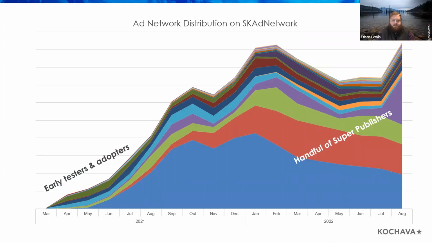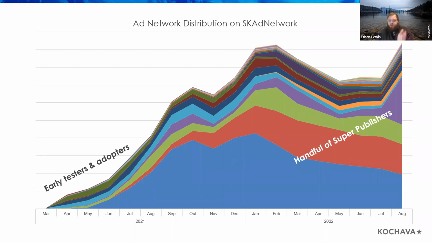So again, just looking at this graph, some really interesting observations that we can see, and we can have this data help drive and inform what to expect as new versions of SKAdNetwork are released. Over to the left, we can see that we had a little bit of a spike on some early adopters and testing users across a variety of the different networks.